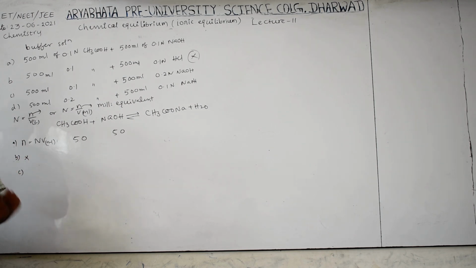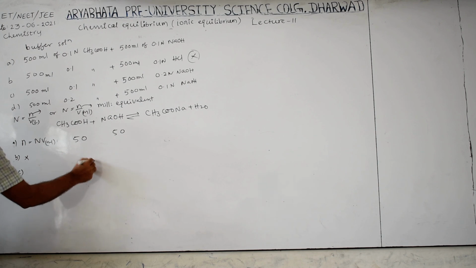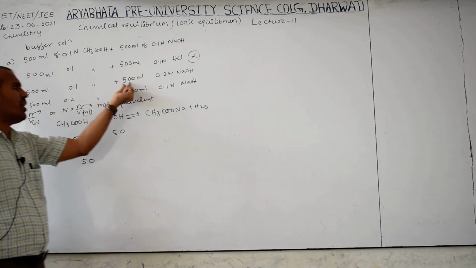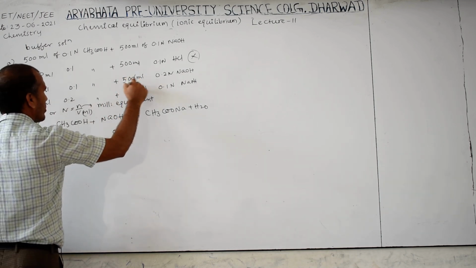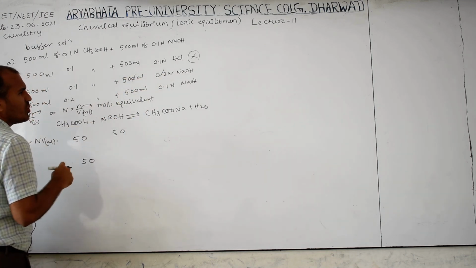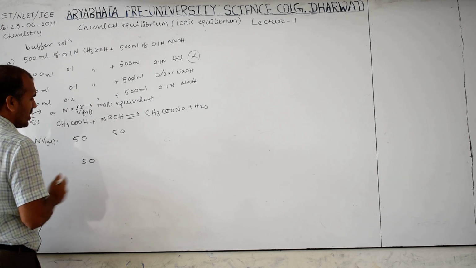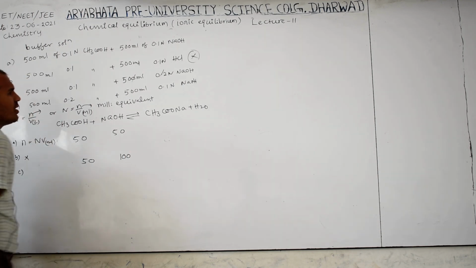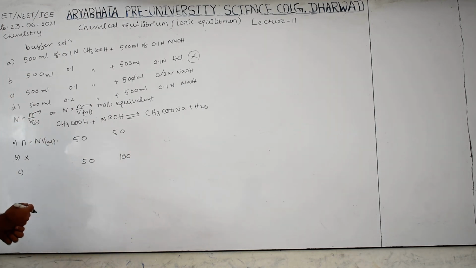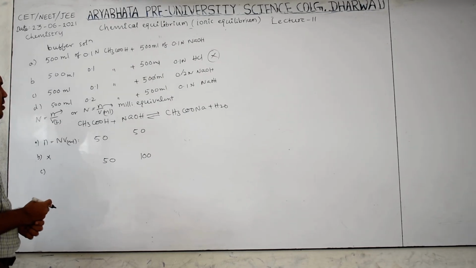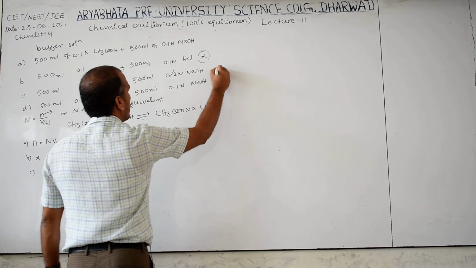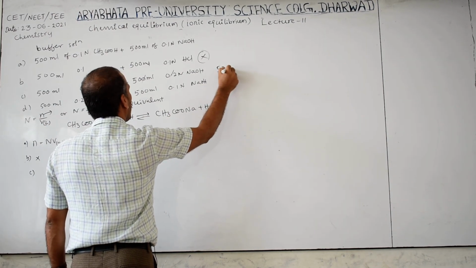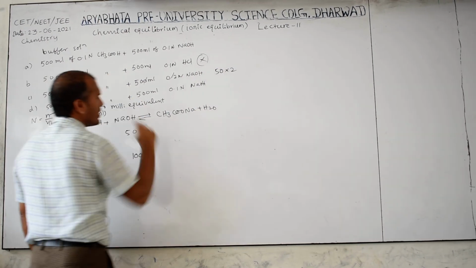C: 500 into 0.1 is 50 milliequivalents, and 500 into 0.2 is 2 into 50, that is 100. Correct? 50 and 100 only.